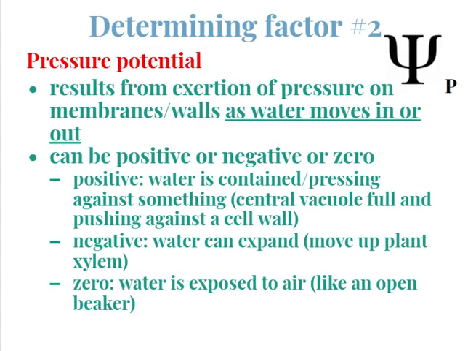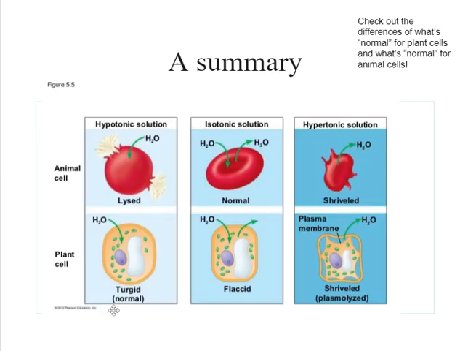Next up is our pressure potential. This is coming from the pressure on the water as it's moving. This can be positive, negative, or 0. Positive would be either water is actively flowing into the system or water is contained and pushing against something. Like in our example back with our cells, this would be a positive pressure potential with our water pushing against that plant cell.